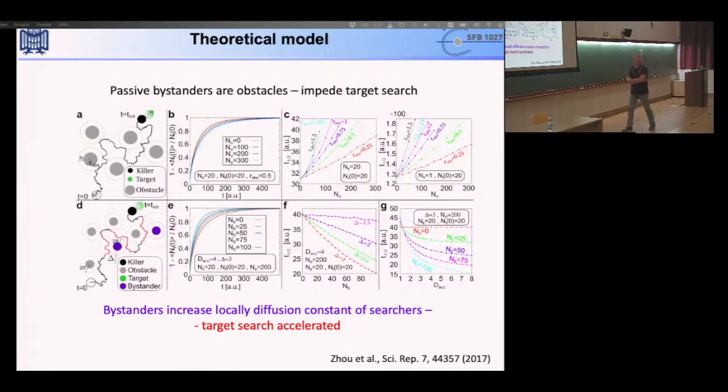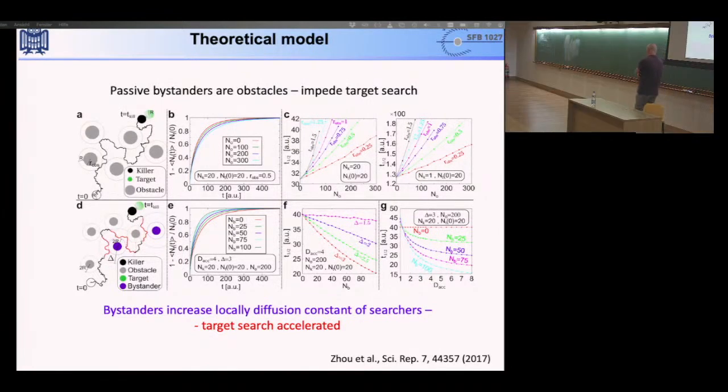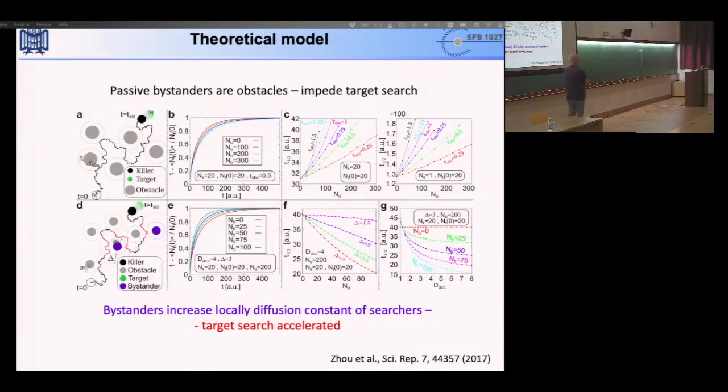So for a physicist who believes in the predictive power of his imagination and his understanding, there is only one conclusion one can draw from that: the bystanders are not obstacles. There must be accelerators.